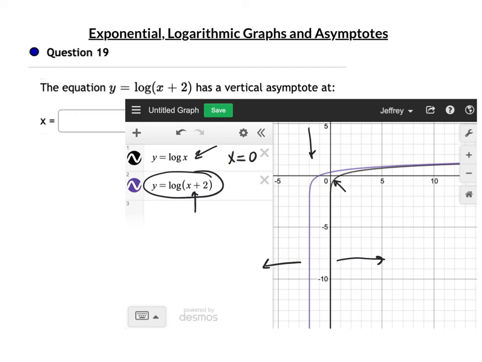What happens to the points and what happens in the equation are inverses of each other. So rather than moving 2 to the right, it actually moves 2 to the left. And that vertical line that this graph forever approaches is the line x equals -2.